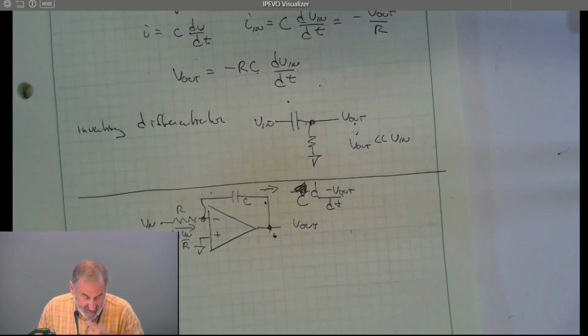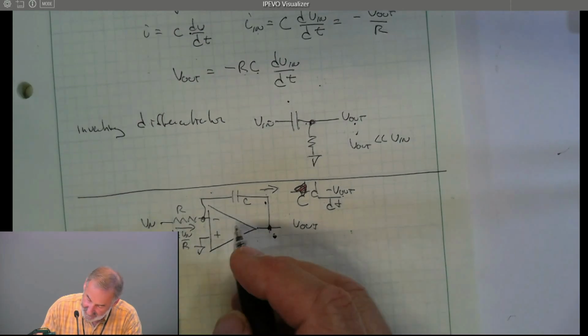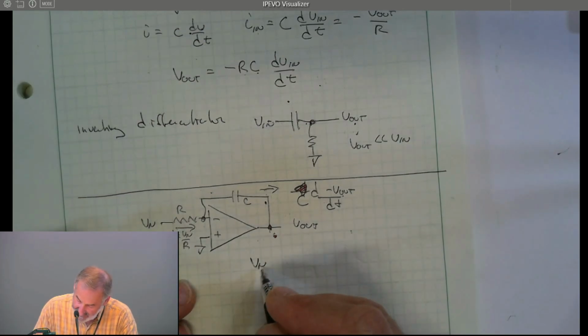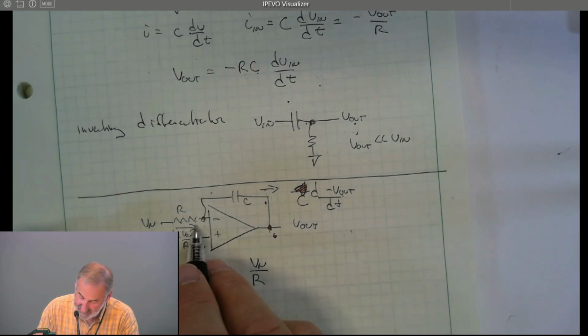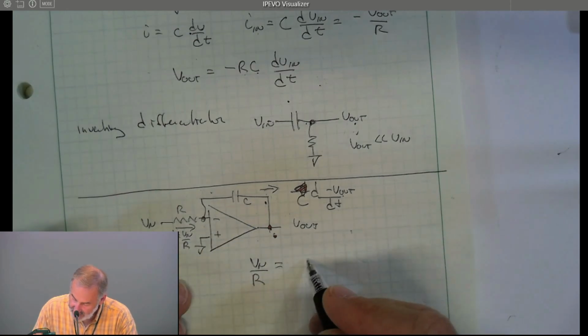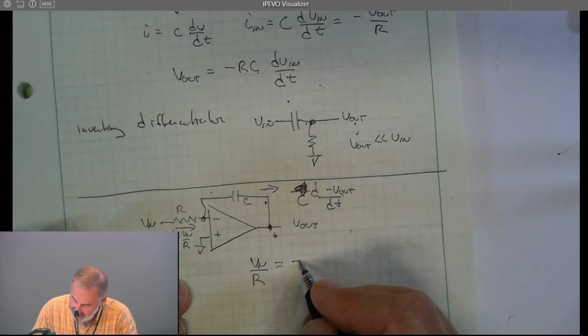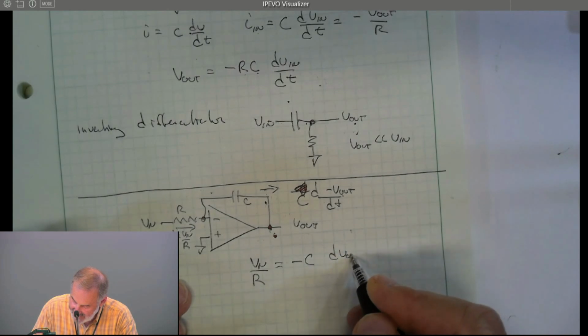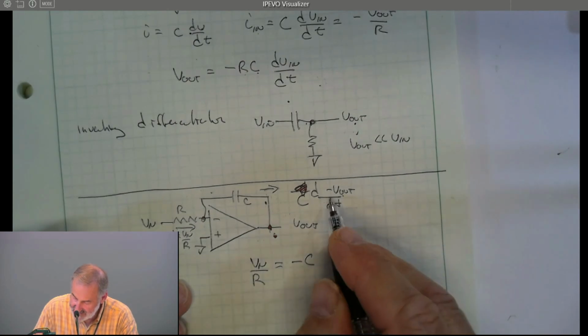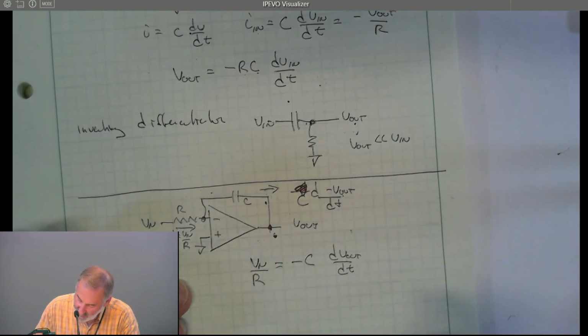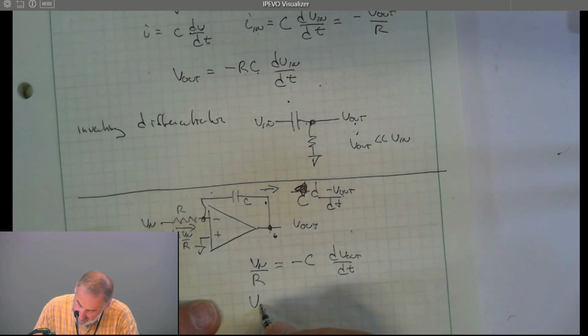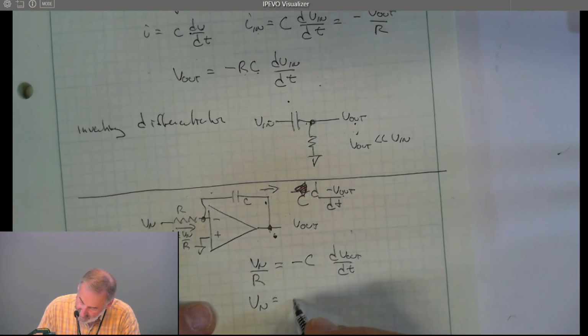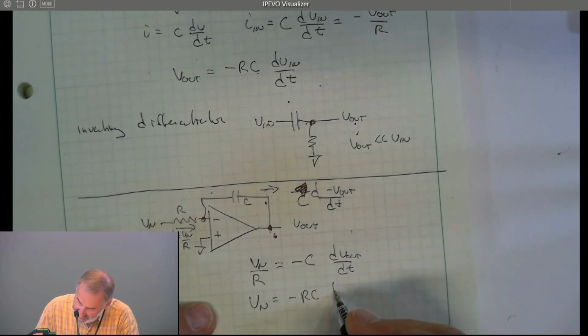So now let's go ahead and figure out, we've got Vn over R, that's this current, has to equal, we can take that minus sign out here, minus C dV out/dt, because that's just a multiplier of minus 1. That says that Vn is equal to minus RC dV out/dt.